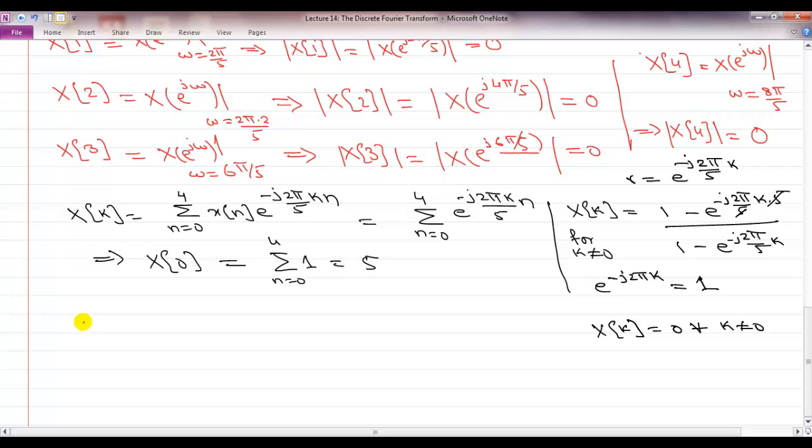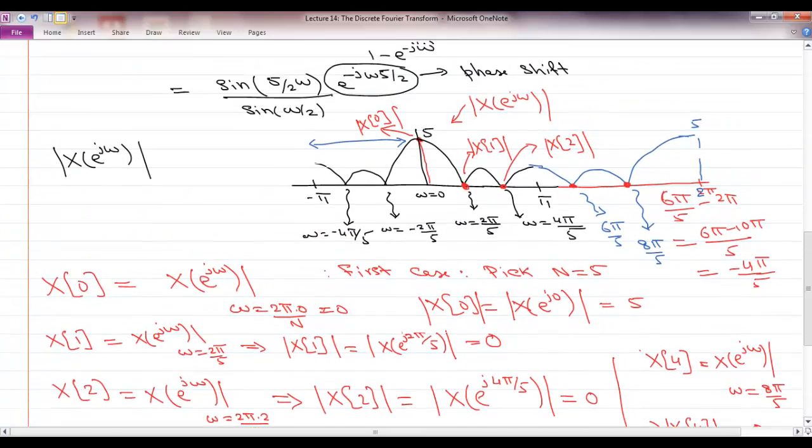So indeed, if I had just used the DFT formula, I would have gotten X of k equal to 5 for k equal to 0, and 0 for k equal to 1, 2, 3, and 4. So it matches what we had derived earlier.